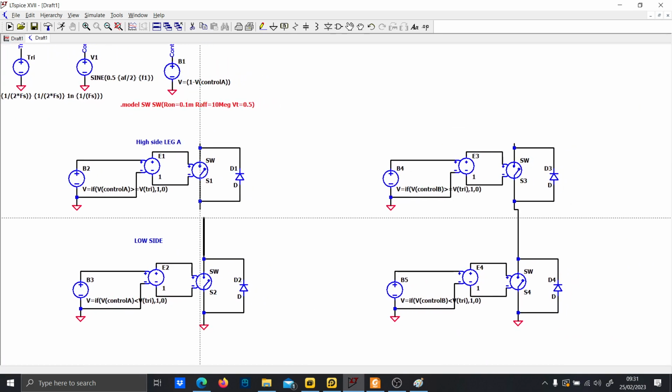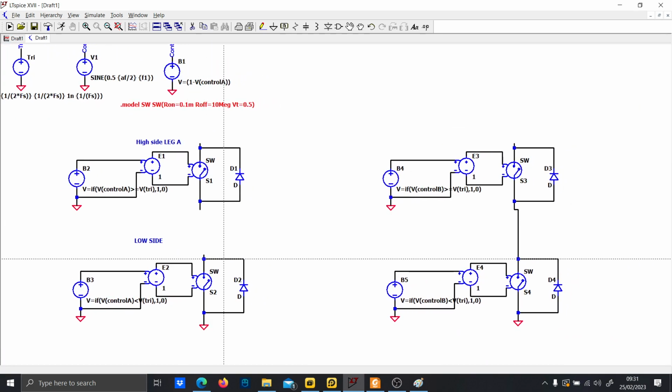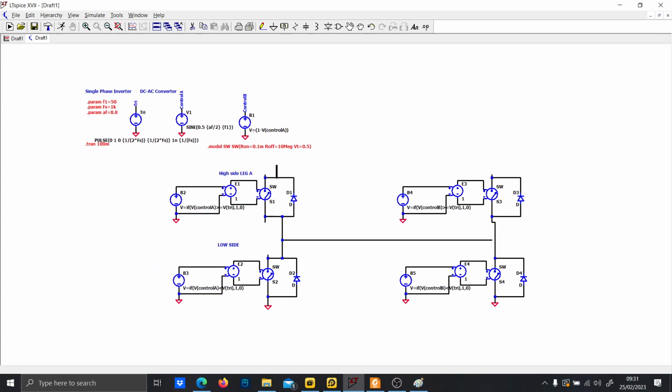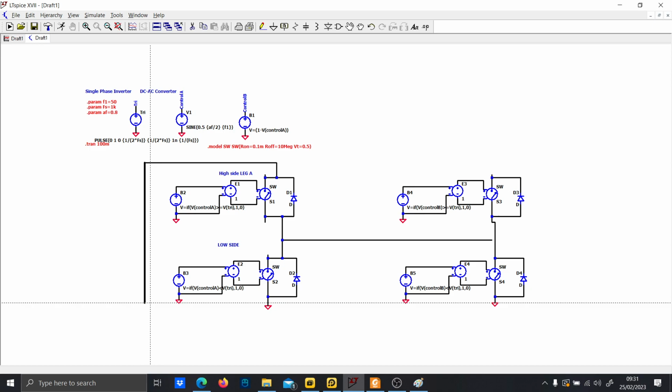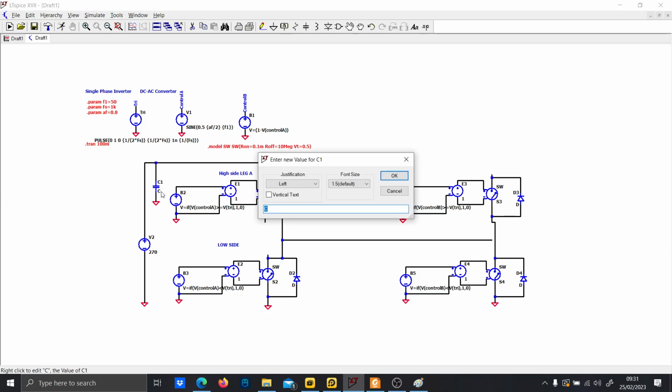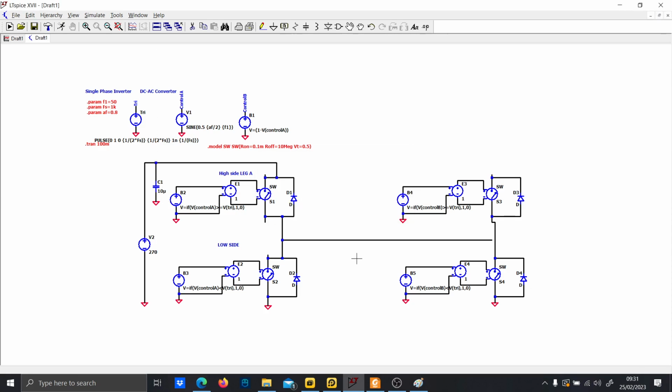And now we have to connect your motor. Let's connect it here, and we also have to supply voltage. Let's put 270 volts, and also a bypass capacitor of 10 microfarads. Should be enough.